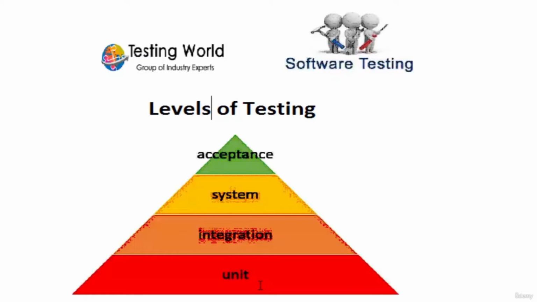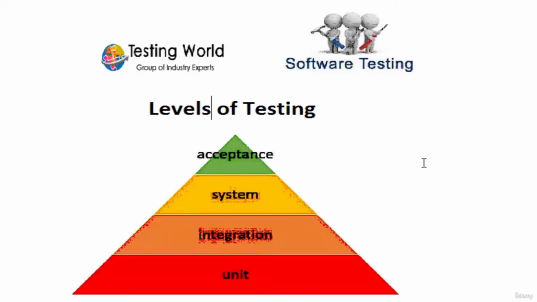As a developer, once I complete the development of a particular module, I'll test whether it is working correctly or not. So the first level of testing is unit testing, which is performed at the coding level, mainly done by the developer. Here the developer is checking whether the particular module or the particular functions he has written are working correctly or not.